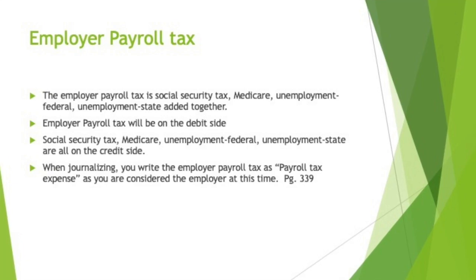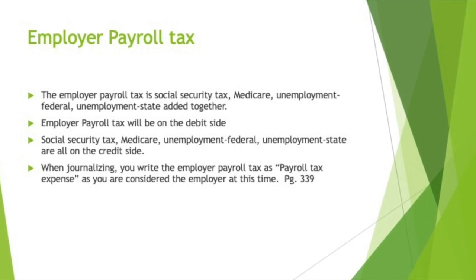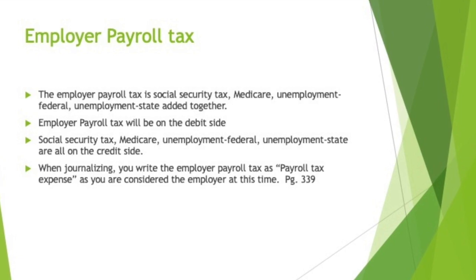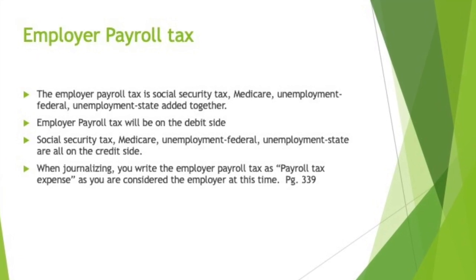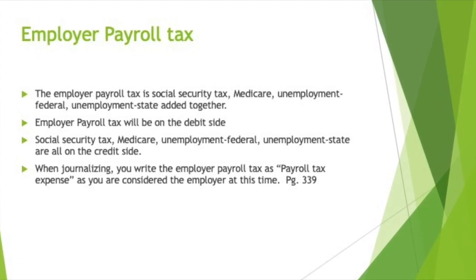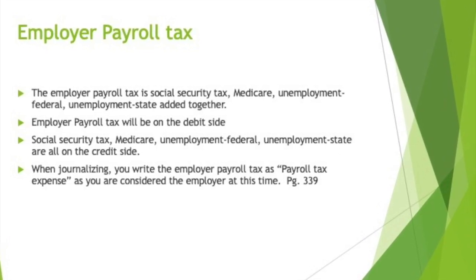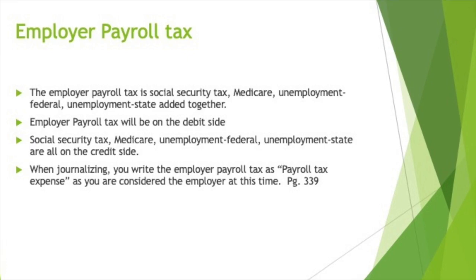The employer payroll tax is Social Security tax, your Medicare tax, and unemployment, from the federal and state, added all together. The employer payroll tax will be on the debit side since you, the employer, will be paying it out.